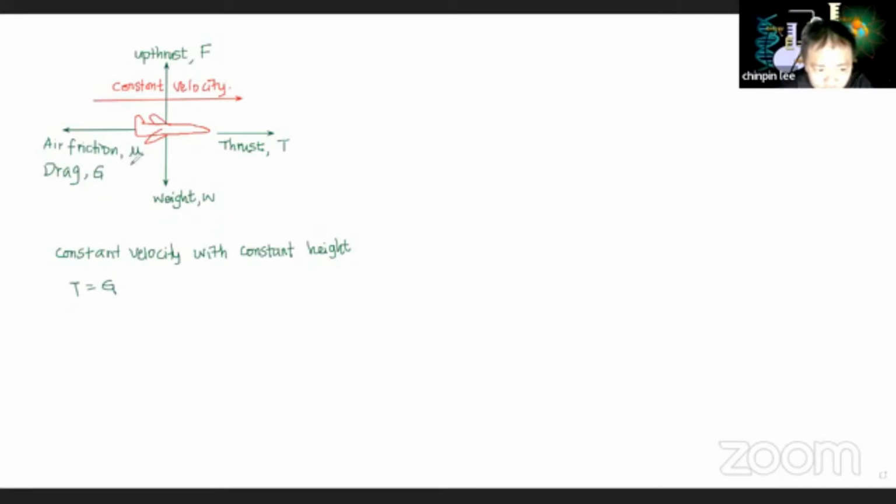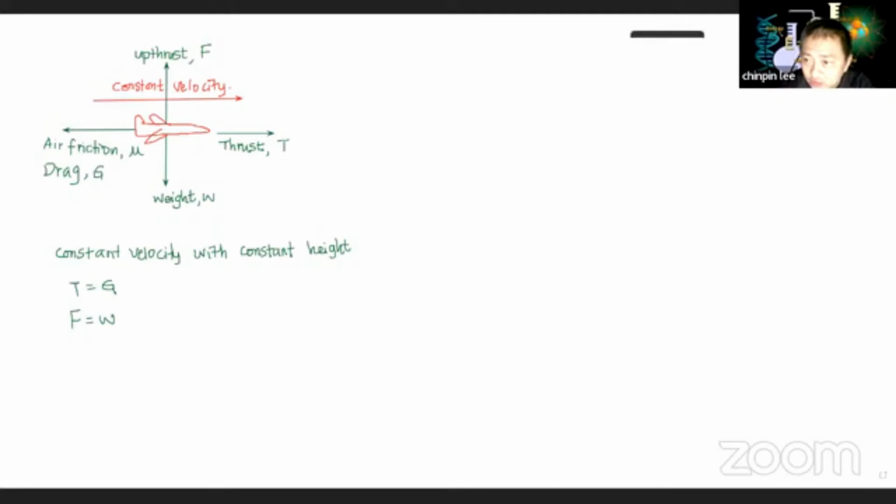T is equal to G, or T is equal to mu. It is okay. The W and the F will be the same. F is equal to W. So these two will be the same.